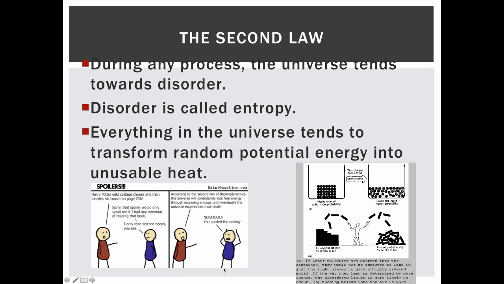The second law of thermodynamics is that during any process, the universe tends toward disorder. Disorder is also called entropy. So the second law of thermodynamics is that everything in the universe tends to move toward a state that will increase in entropy. And usually that means that energy is going to be wasted out as heat.